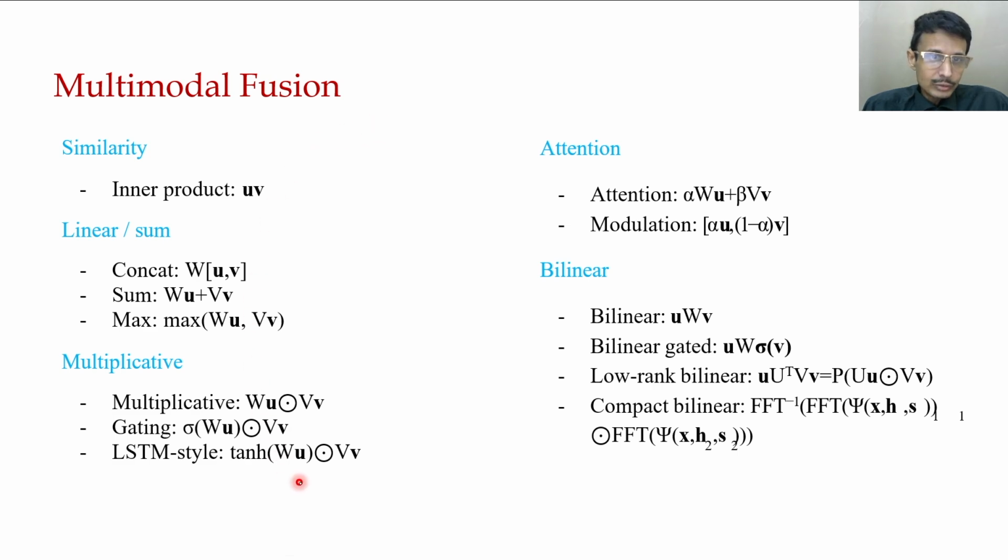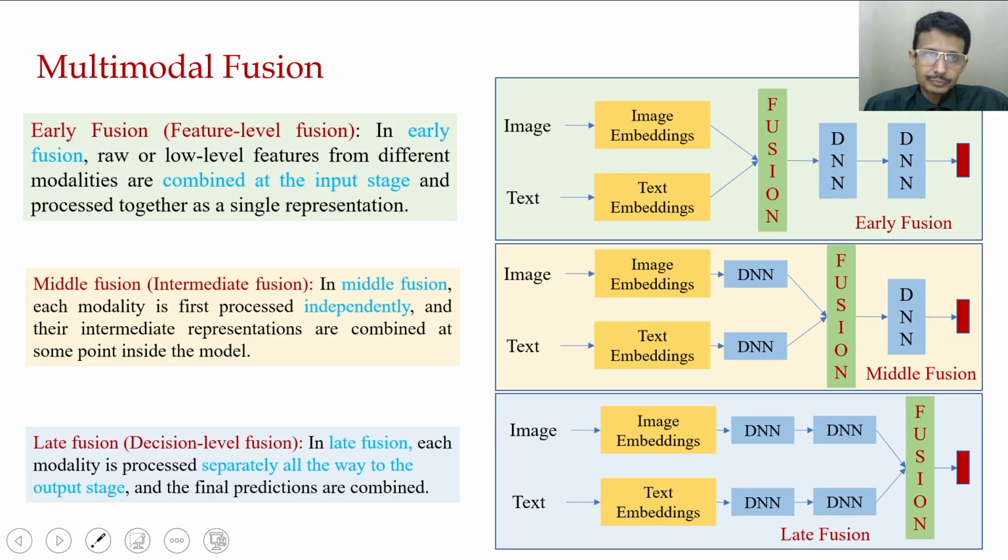But the problem is when to fuse, at what position to fuse. Based on this, there are three major types in multimodal fusion: early fusion, middle fusion, and late fusion. Here we try to understand these figures. In early fusion, the feature level fusion, we fuse at the feature level.